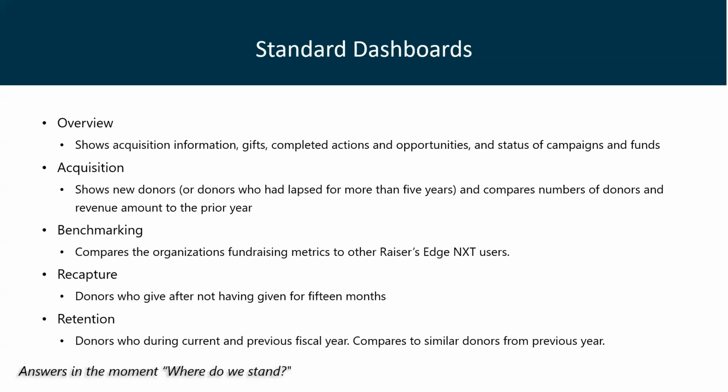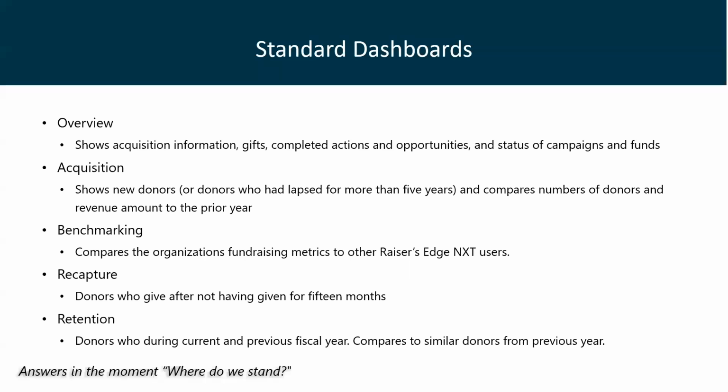The acquisition dashboard shows new donors or donors who lapsed for more than 5 years, and compares number of donors and revenue amount to the prior year. Benchmarking compares the organization's fundraising metrics to other NXT users.